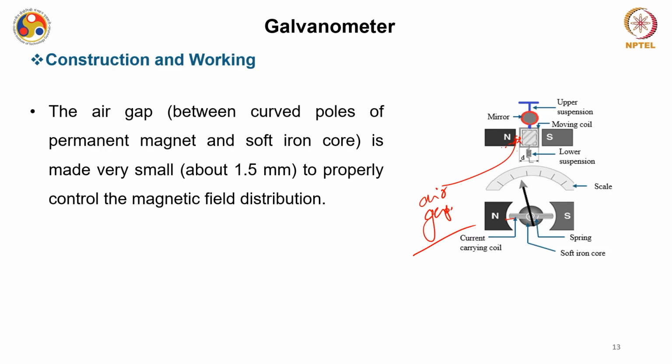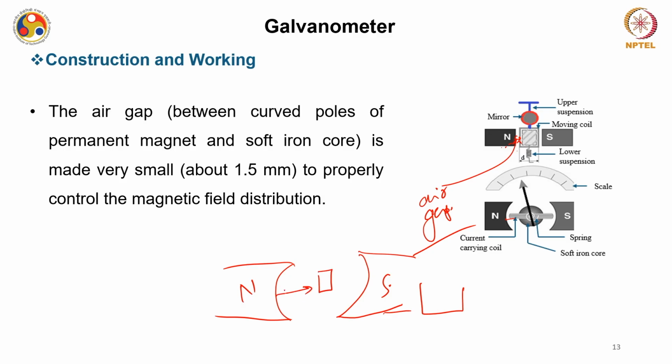What it means is that if I draw a curved magnet, and you have a core at a distance of say 1 centimeter or say 10 centimeter, you have this field of magnetic lines passing through it and interacting with this core.